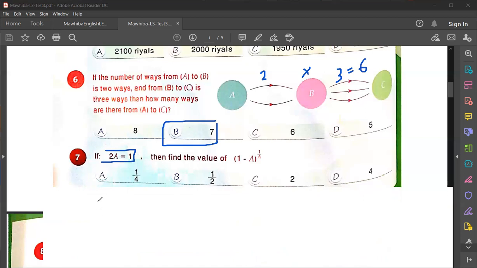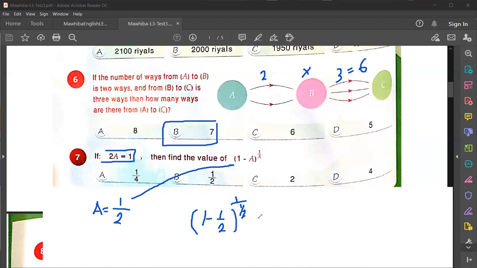So a equals what? 1 over 2. So you write 1 over 2, right? Then you substitute in the equation here. So I put 1 minus 1 over 2, to the power 1 over 1 over 2.